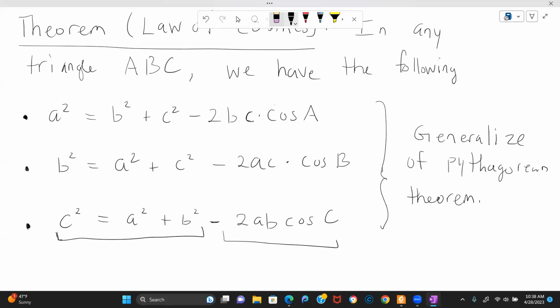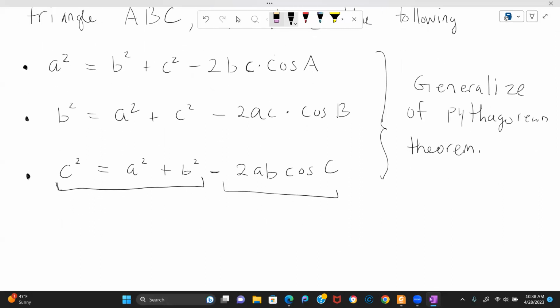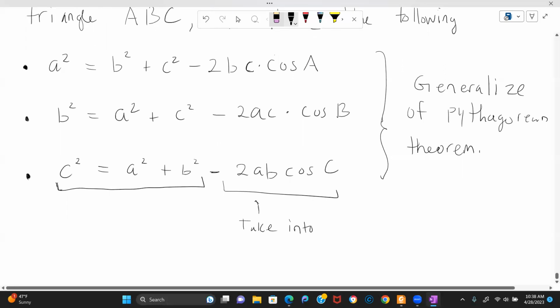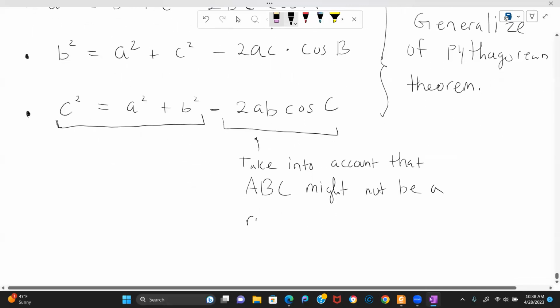This extra term is like a correction, like an error term. It takes into account that A, B, C might not be a right triangle.